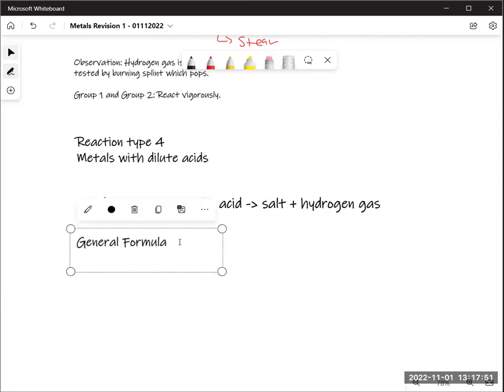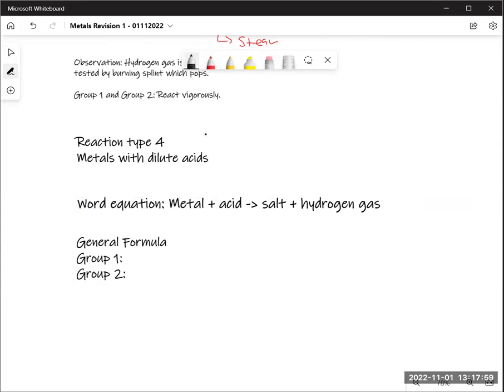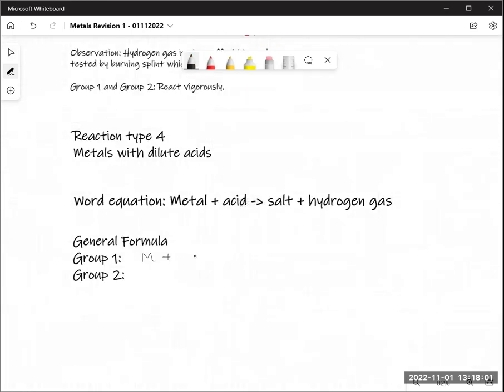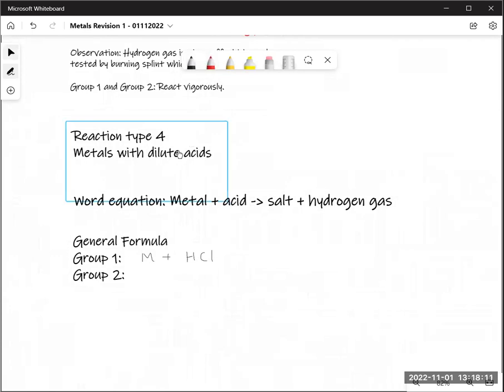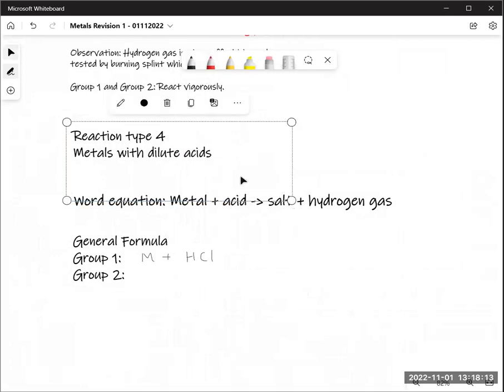General formula: first group 1, then we have group 2. For group 1, it's M plus HCl as the dilute acid. You can have different types of acids, by the way, but HCl is what we're looking at. In the first type, reaction type 4, write dilute hydrochloric acid, or dilute acids and put bracket HCl.